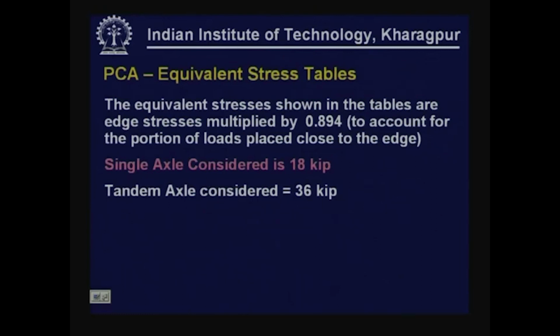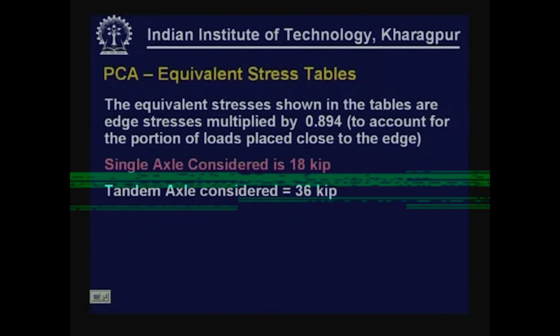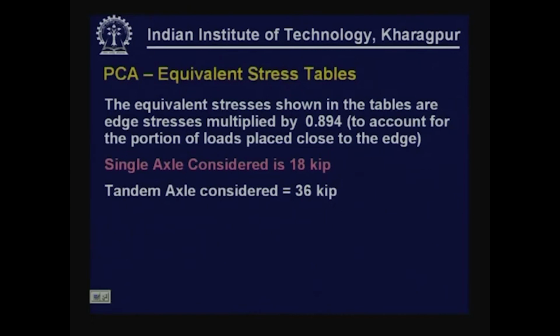Edge region is considered to be critical, and the stresses that are computed are for edge region. The single axle considered is 18 kip, tandem axle considered is 36 kip in this analysis. These stresses correspond to 18 kip single axle and 36 kip tandem axle.